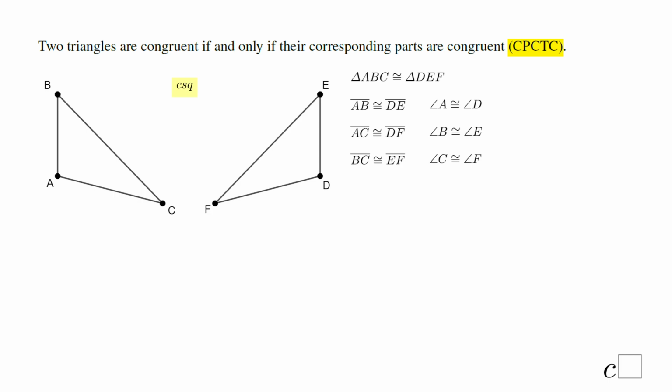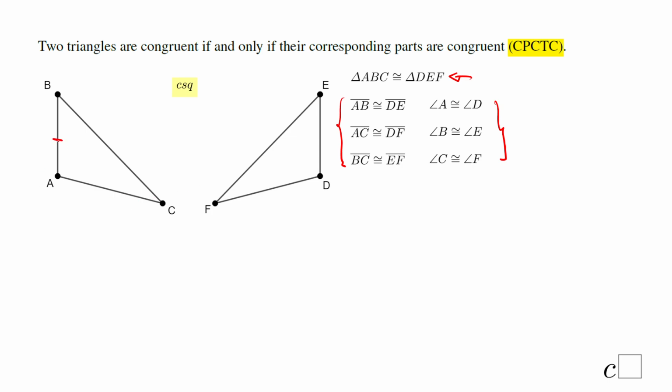Very similar, we have two triangles that are congruent if and only if their corresponding parts are congruent. That is also known as CPCTC: corresponding parts of congruent triangles are congruent. You notice here we have these two triangles are congruent. We have 3 corresponding congruent sides and 3 corresponding congruent angles.